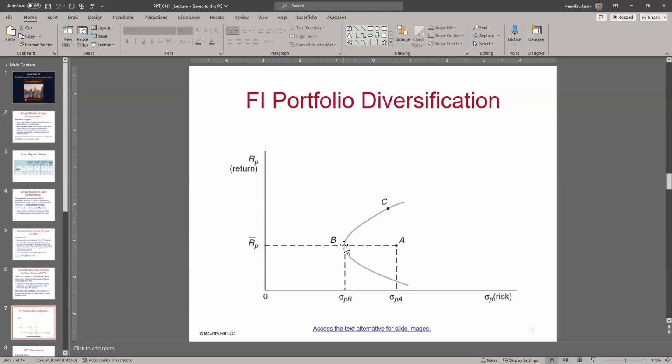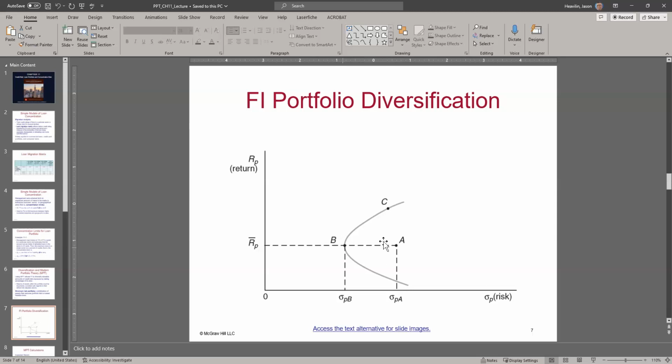Matter of fact, you never want to be below this line here. This line that starts at B, let's say it starts at B and moves this way. That's where you want to be, somewhere on that line. Anything below that line, whether it's in the white area or on this line down here, it's inefficient. All you have to do is move things around a little bit to change your portfolio to where it then falls anywhere in this line up here.